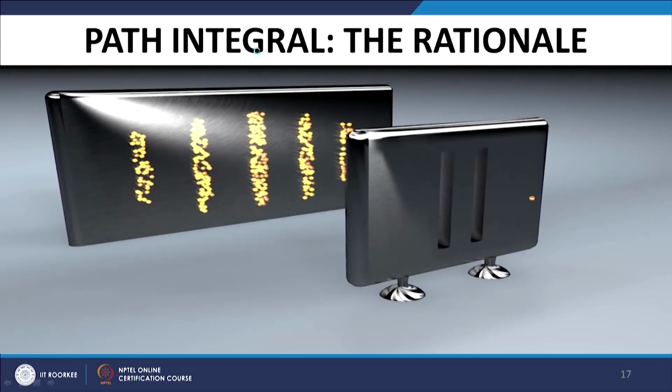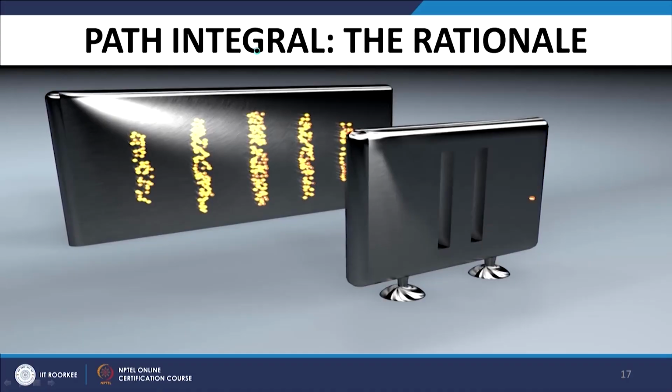When we had an electron, or a stream of electrons, passing through a screen A with two slits, let us call them slit A1 and slit A2, then emerging from the two slits we found interference patterns on the screen O, and these interference patterns were created by the sum of the amplitudes of the waves emanating from slits A1 and A2.